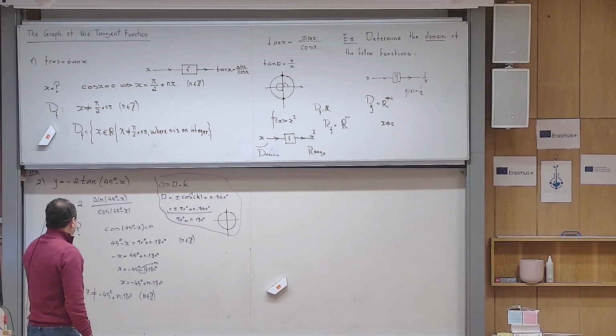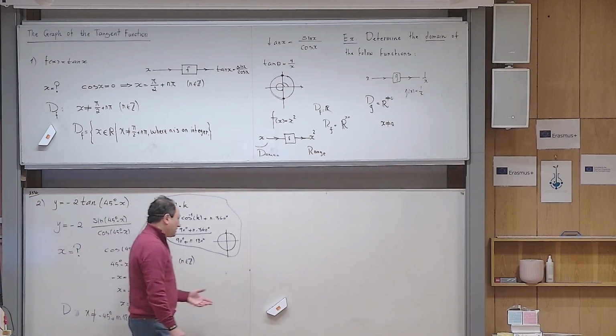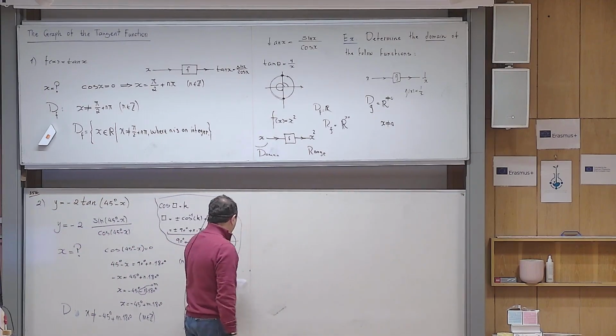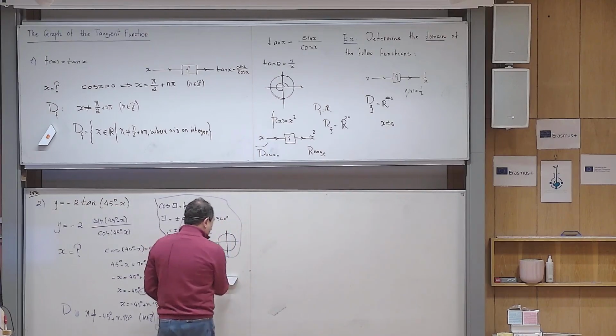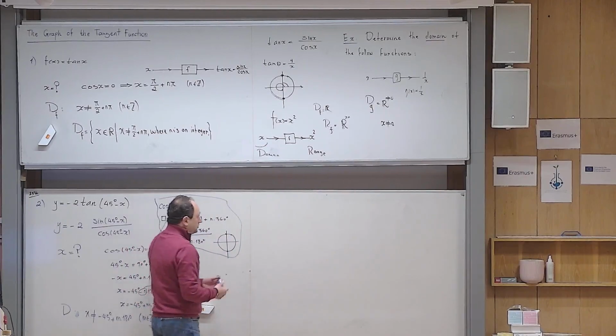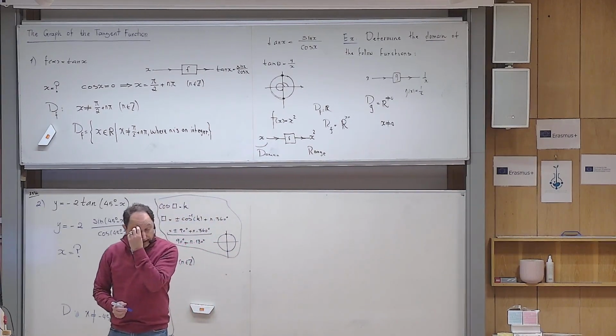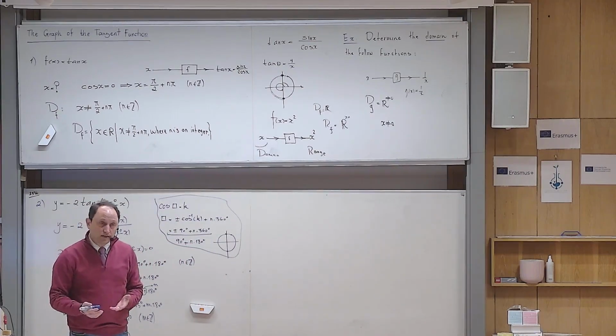Let us now go to draw the graph of the function. Not draw, I just want to sketch the graph and give you a feeling of how it looks. Okay. Before doing that, I want to follow exactly your book. So the book is introducing a new axis, the tangent axis.